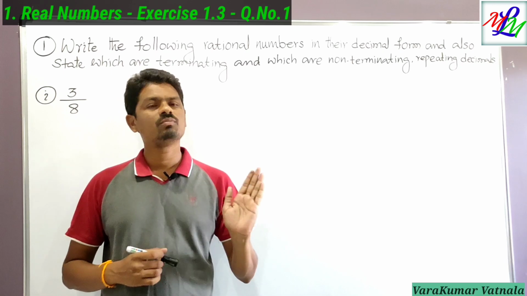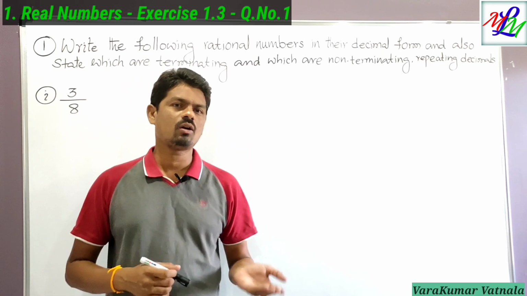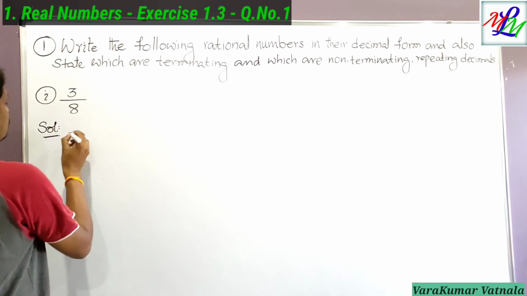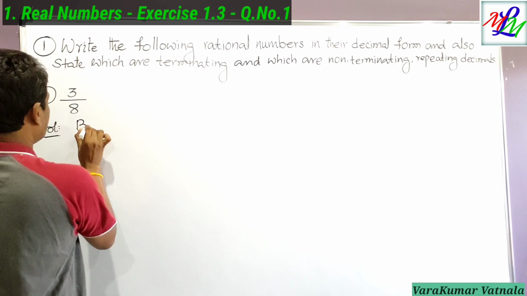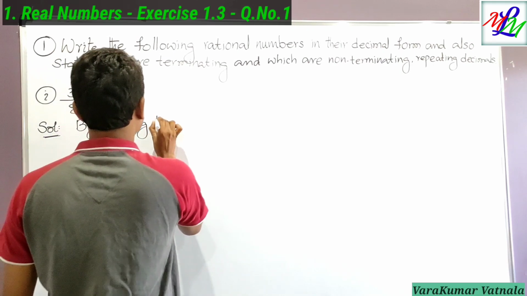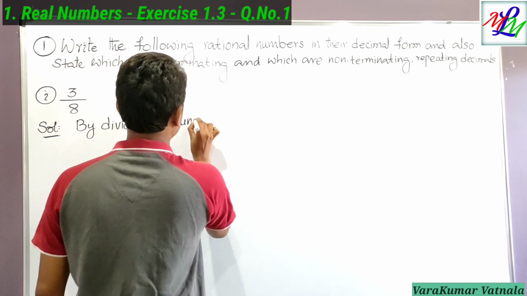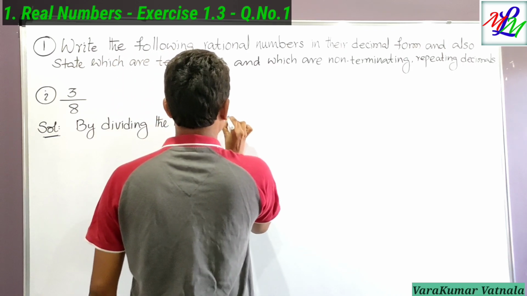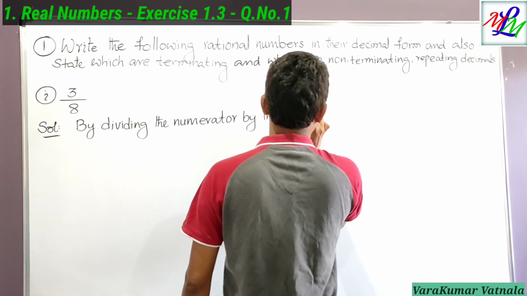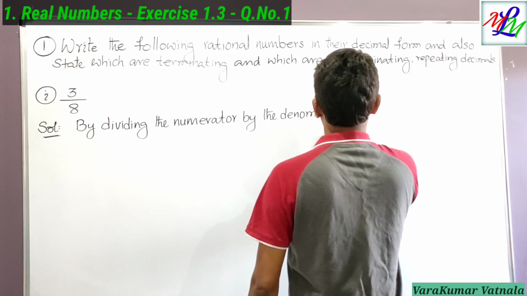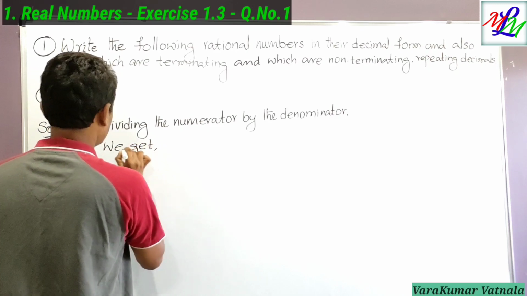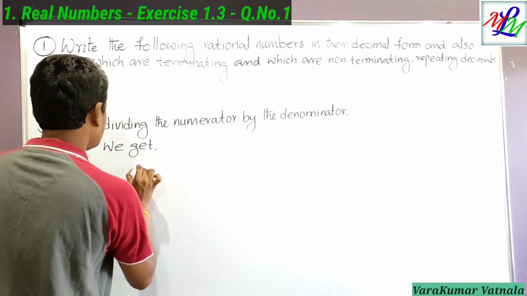So now to find the decimal form, we have to divide the numerator by the denominator. 3 by 8 is given. Here the numerator is 3 and the denominator is 8.